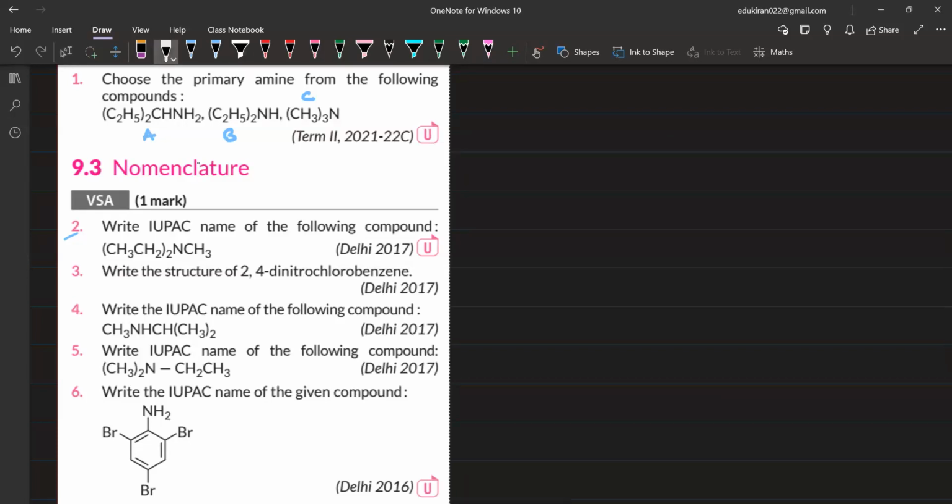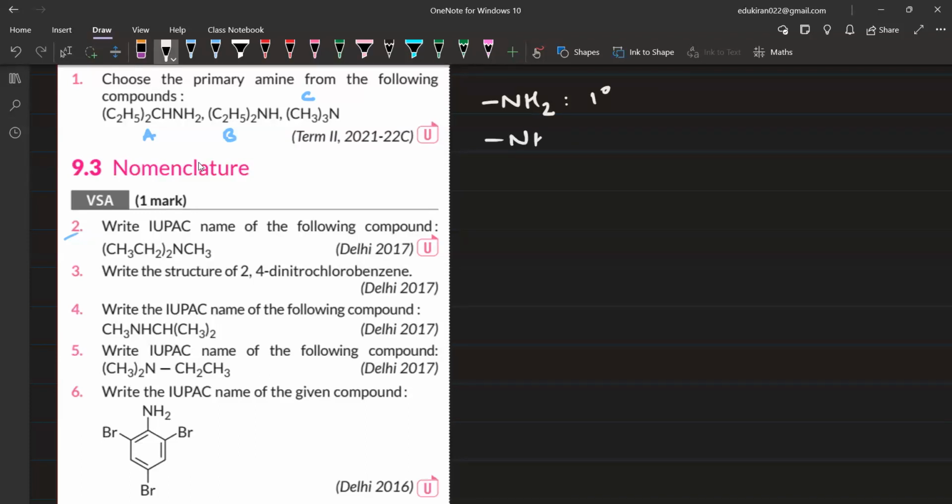So a very basic way of identifying primary, secondary, and tertiary is you don't look at the alkyl groups, rather you look at the hydrogens. That will be much easier. So if nitrogen has 2 hydrogens, then it is going to be 1 degree. If you have anything which is bonded with NH2, that means it is 1 degree.